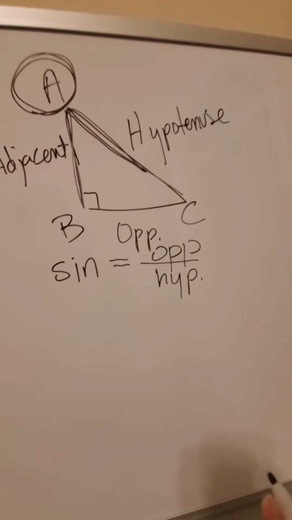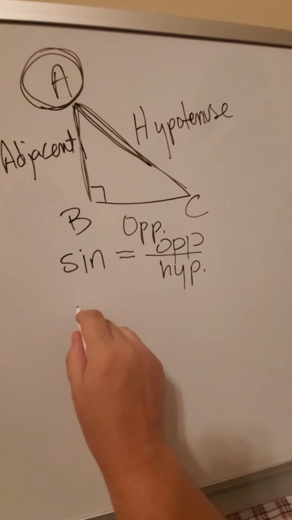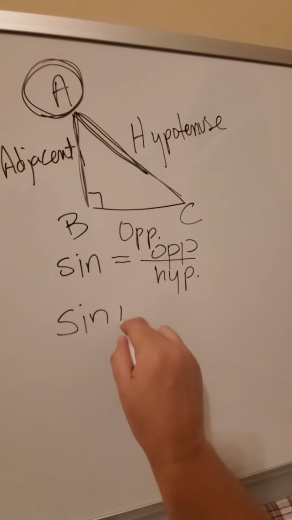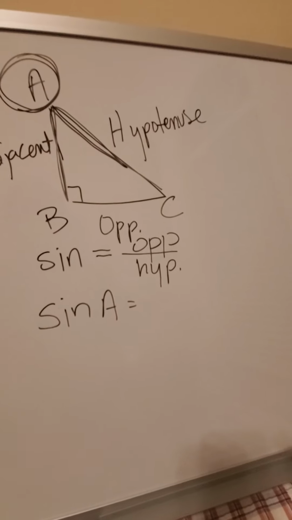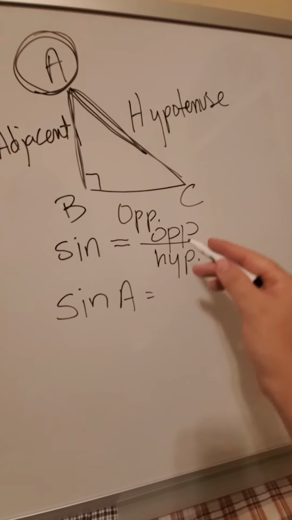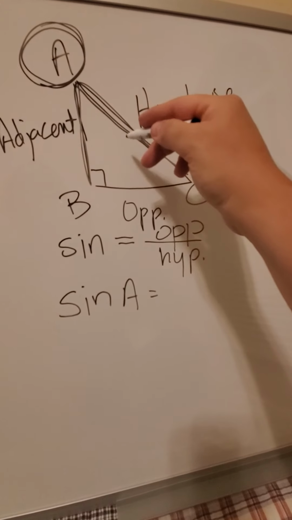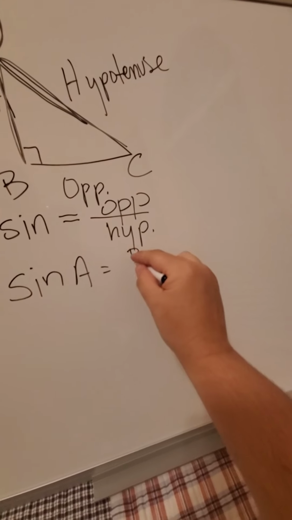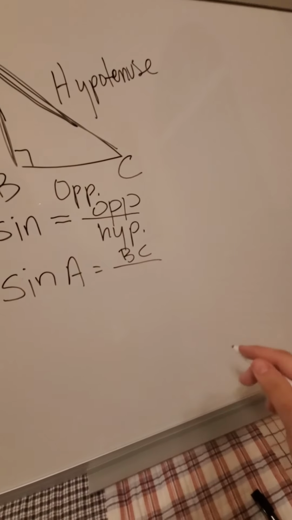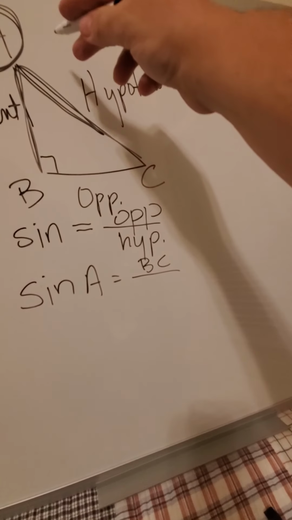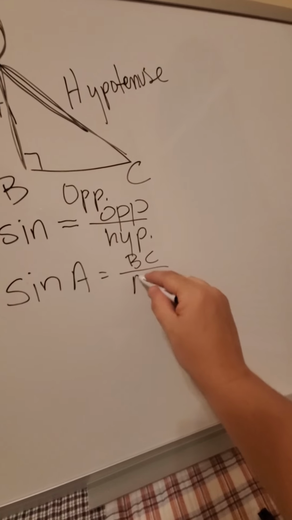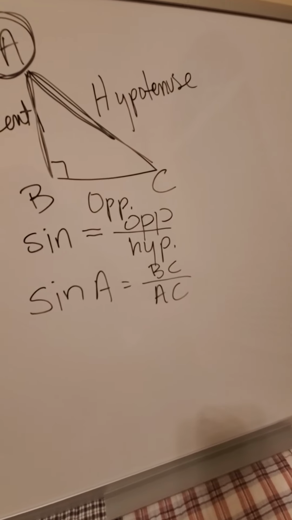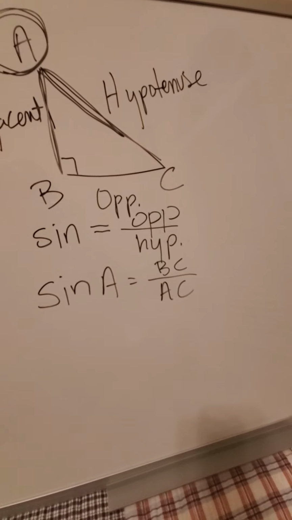So if I said sine of A, I look up here, it says opposite. So what's opposite? This side, BC. So I'd say BC over hypotenuse, which in this case is AC. Does that make sense? A lot of times I'm going to have a number there, and we'll look at that in just a minute.